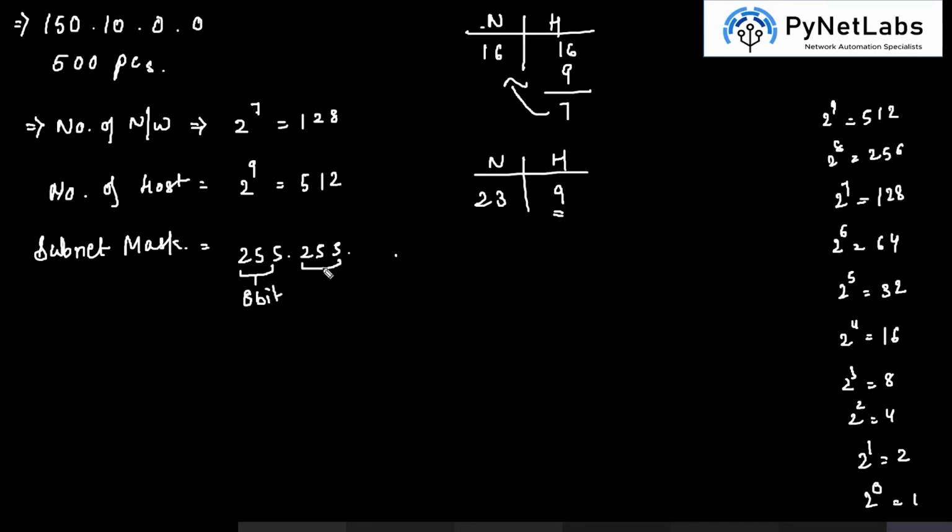Then again we have 8 here, which calculates to 16. And the rest of 7 bits are borrowed from the host part in the third octet. So the first 7 bits will be turned on. Then the last octet is 0.